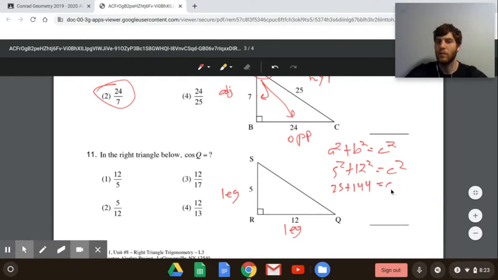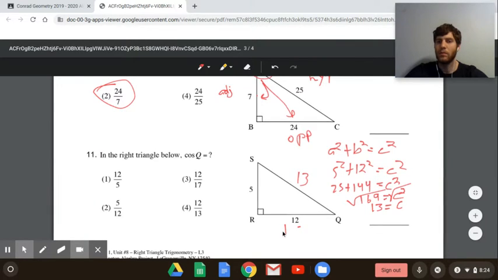You add those together, you're going to get 169. To get rid of the square, you take the square root of both sides, right? And so we get 13 equals C. So we now know that this is 13.